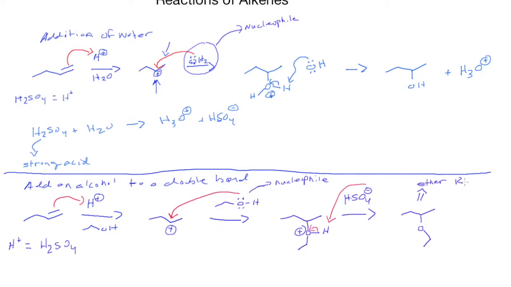which has the general structure RO, the general structure R, or R prime can be the same as R or not. Now, I also need to mention that it is also okay at this point to have this happen.